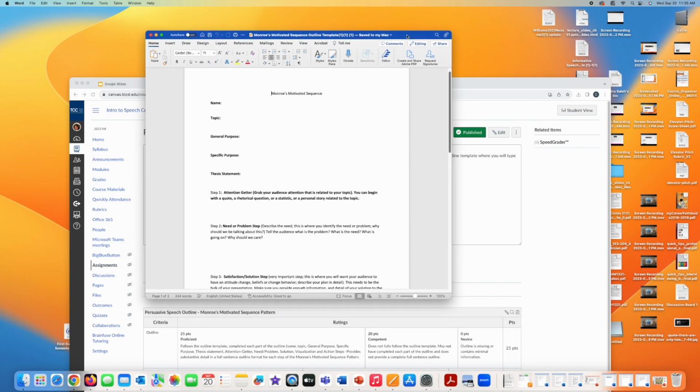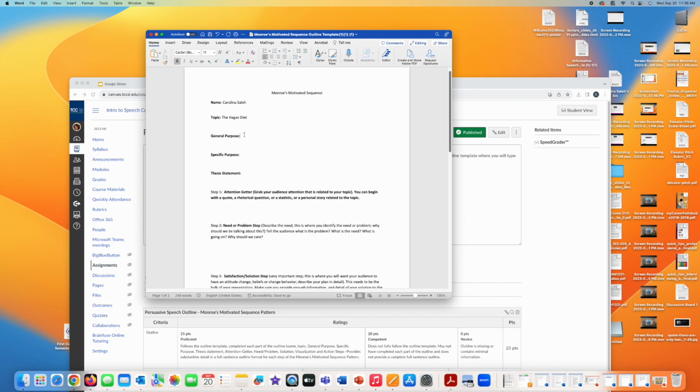It is a Word document, so you can type in your information just like your previous outline that you did for your informative speech. Again, just type in your name here, the topic. I'm just going to type in any topic here. I don't want it boldface. So please make sure that you leave this and just type in your information.